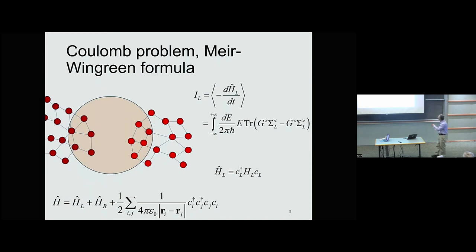This is an exact formula, meaning that if you solve this problem exactly, you get an exact result. There are two things here. One is the Green's function for the electron, G, and the sigma here characterizes the interaction between the central part of the electron and the lead, so we call it the self-energy.